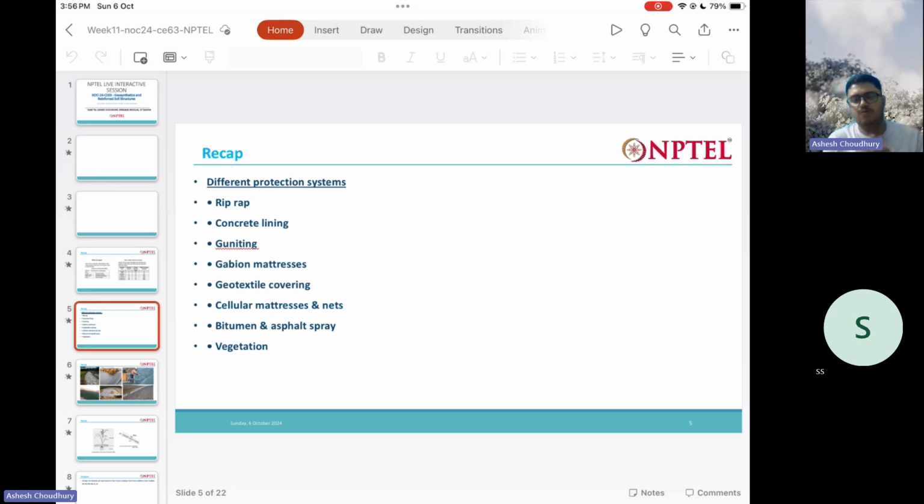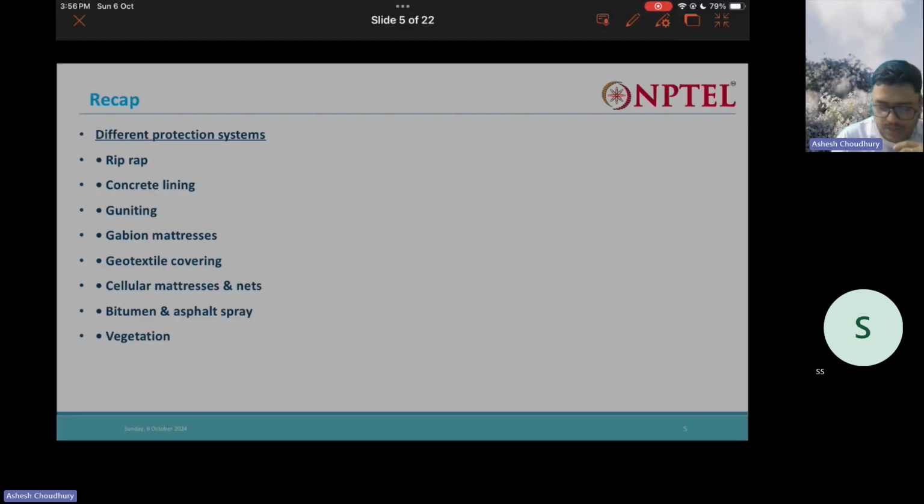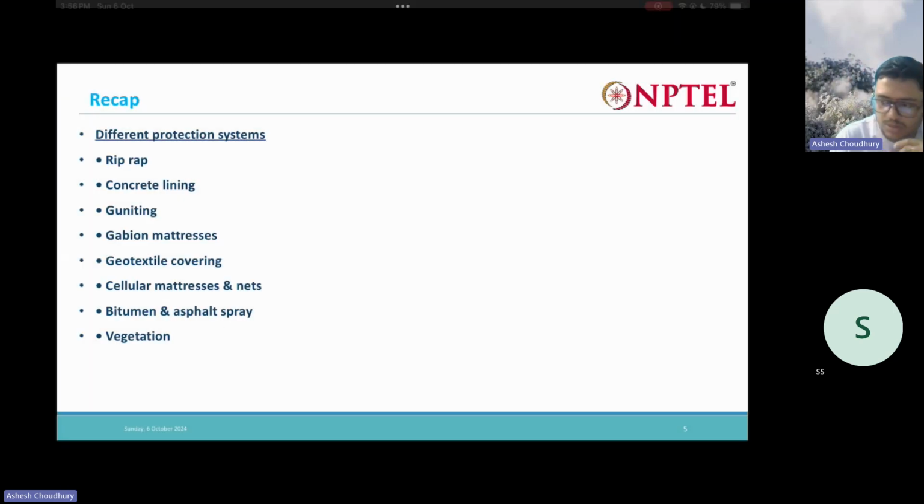I hope that when we say these words, these things come to your mind and you are able to visualize how we are going to do them. Then we have bitumen asphalt spray, same as shotcreting. We spray bitumen. That also we can do.